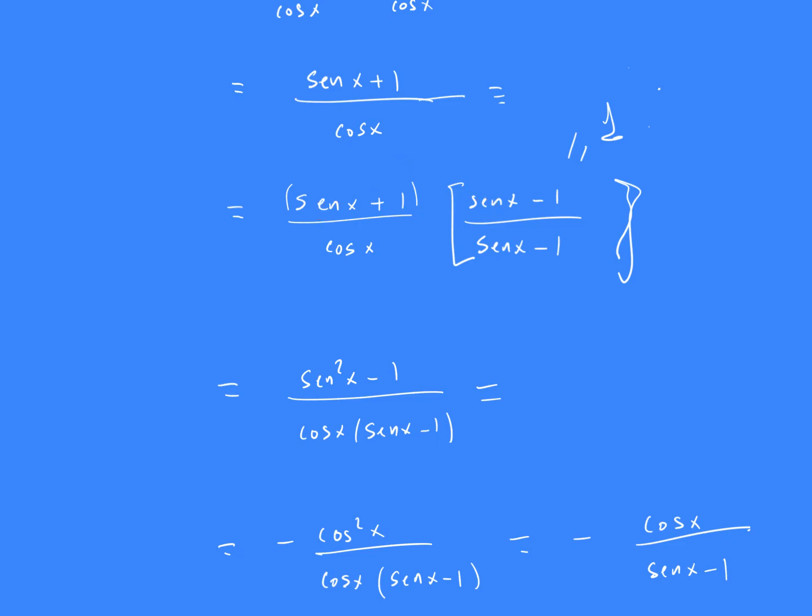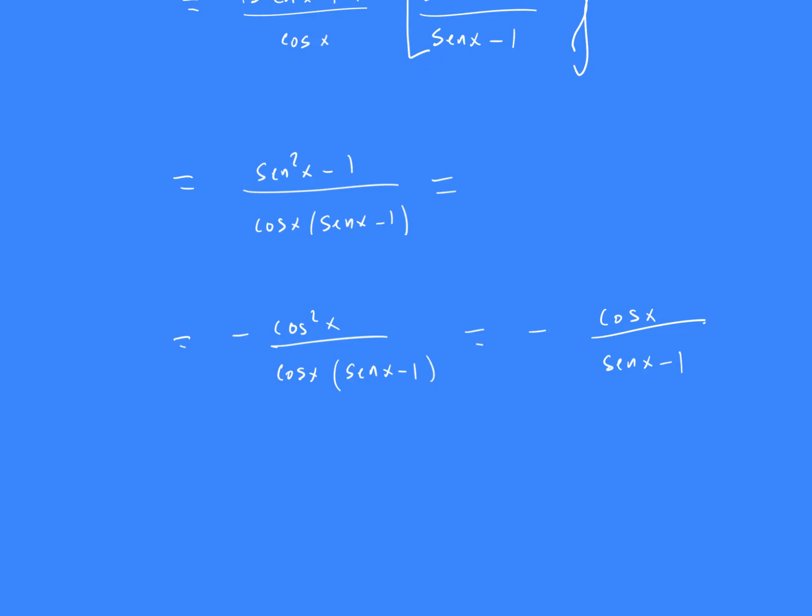If you don't believe me, you do the distributive property. Multiply by cosine of x times sine of x minus 1, but sine squared of x minus 1 is minus cosine squared of x. So one cosine of x will cancel with the cosine of x in the denominator, leaving minus cosine of x. The 1 squared disappears here, and we have the solution. Okay, that's all.